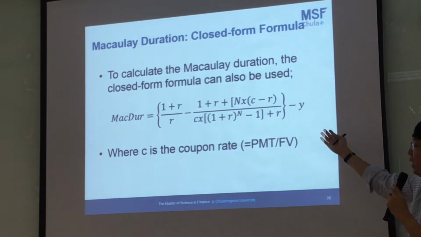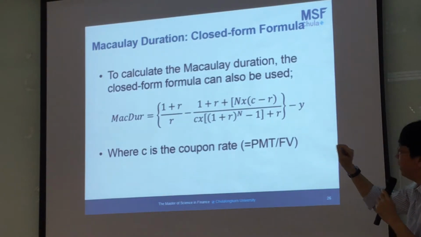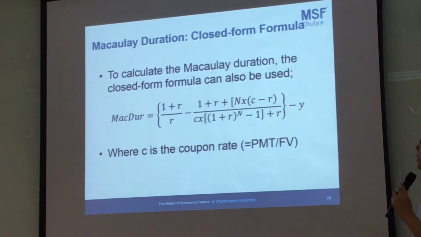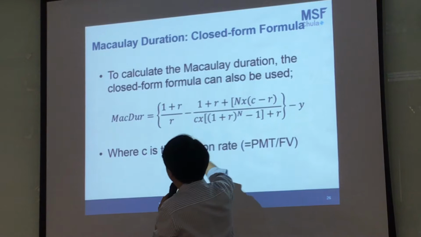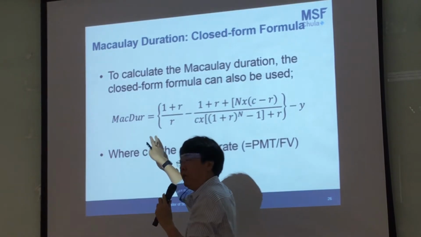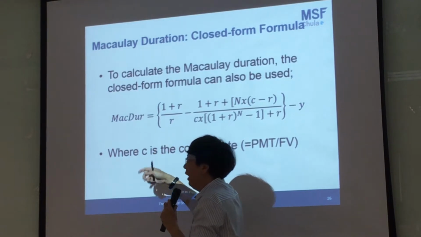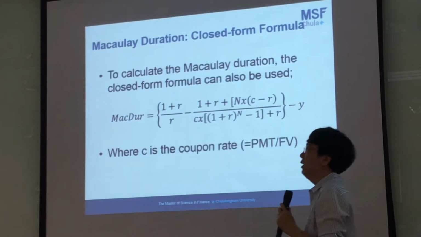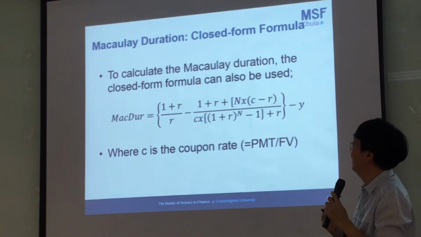So you can use this formula as well. What you have to be careful about is to make sure that you put in the correct numbers. Sometimes in the quiz, you just plug in and in another row you tell me the answer, and unfortunately you got the wrong one.